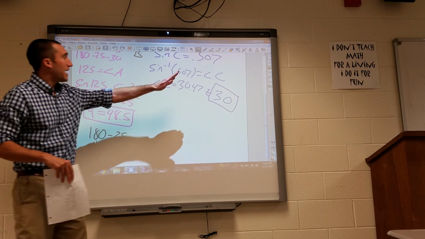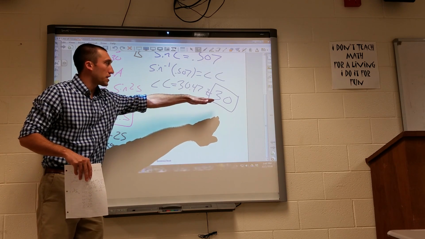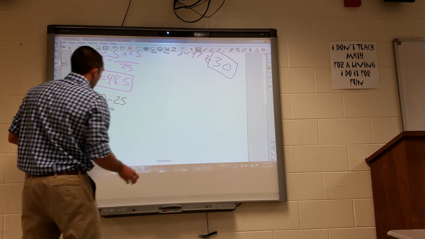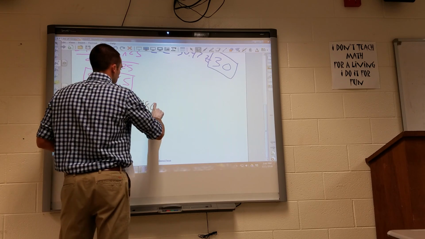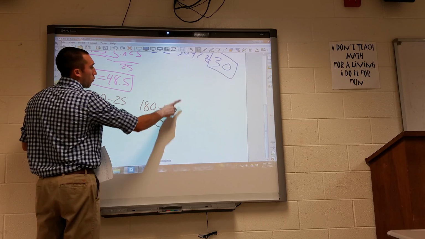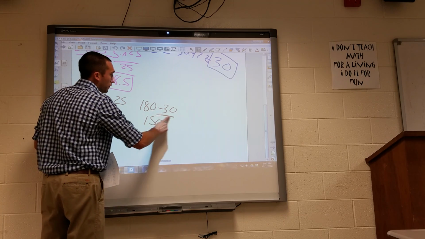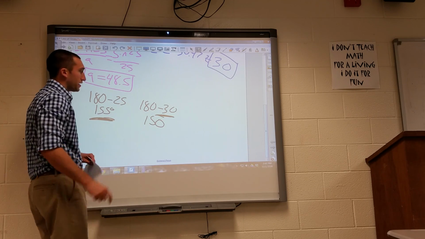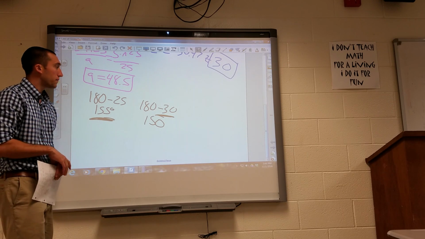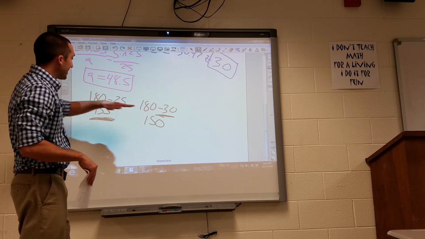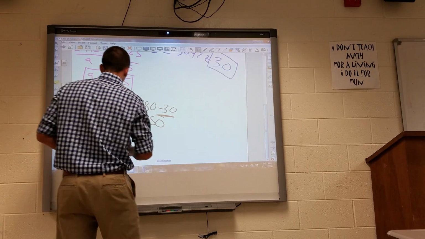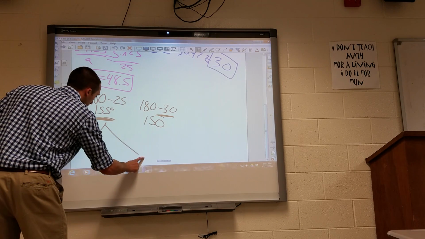So I take the reference angle, 30 here, and I do 180 minus 30, and I get 150. If 180 minus that reference angle is less than the degrees I had left, then there are two triangles I need to solve for. So, since 150 is less than 155, that means I need to draw a new triangle.